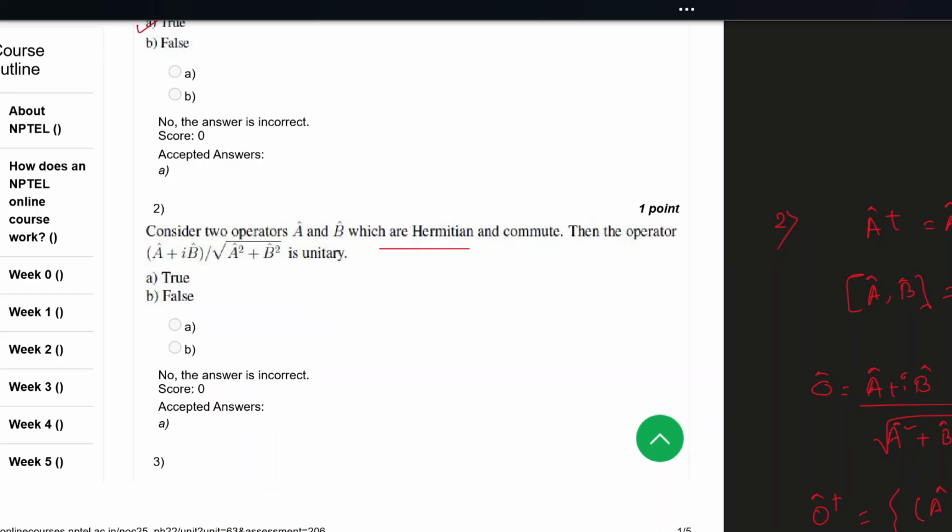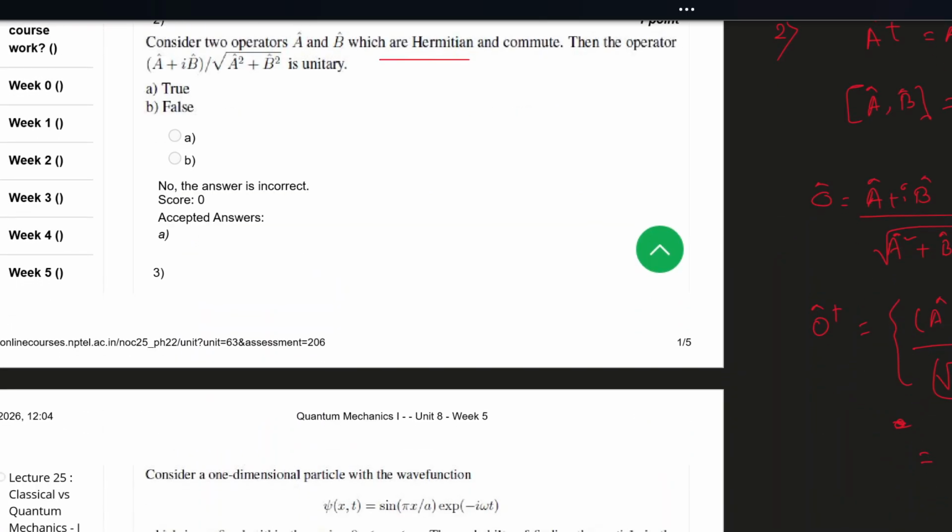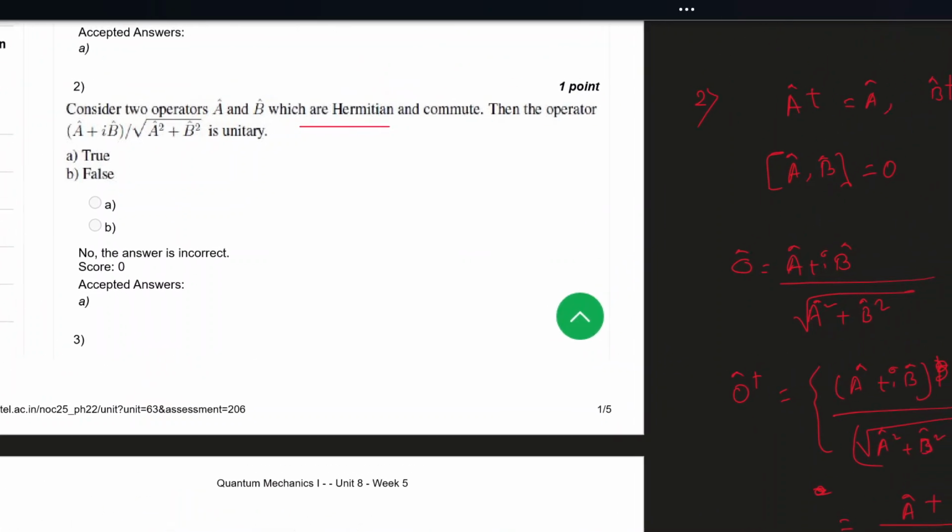Similarly, the bottom has A dagger squared plus B dagger squared. Now in the question it is already given in the condition that A, B are both Hermitian operators, that means A dagger is equal to A and B dagger equal to B. So it is A minus iB by root over A squared plus B squared, right?